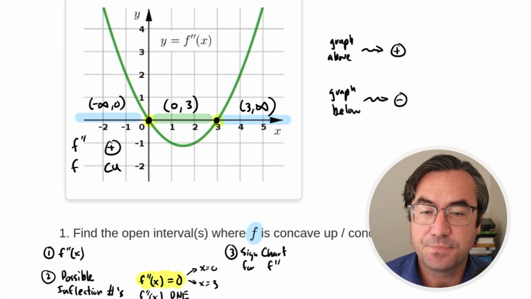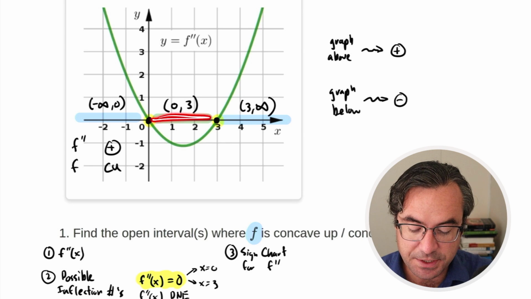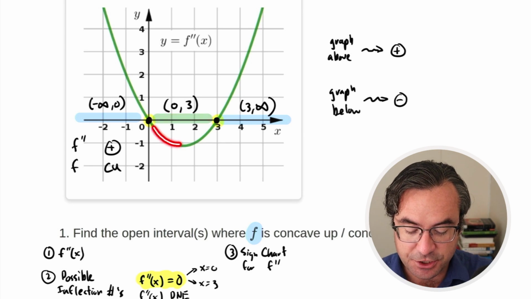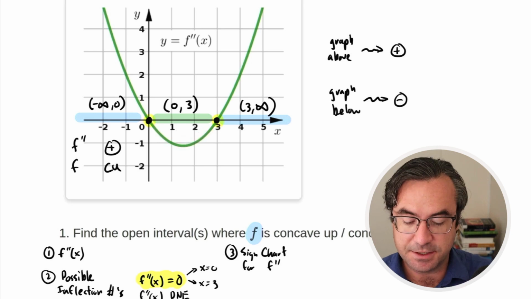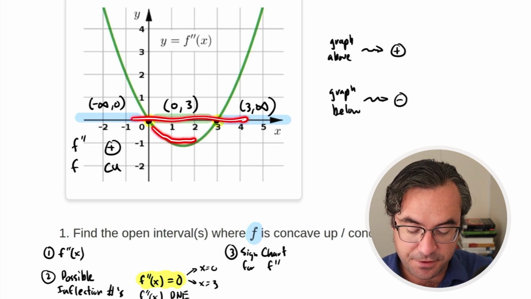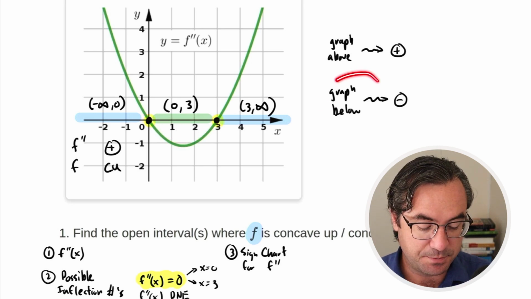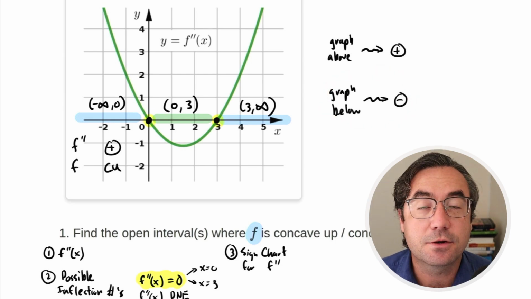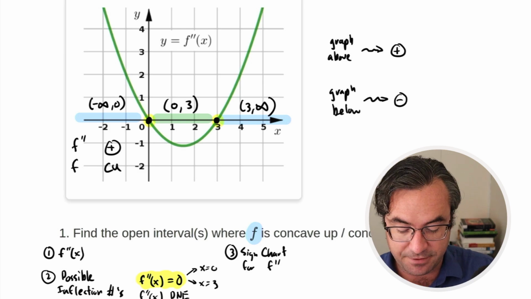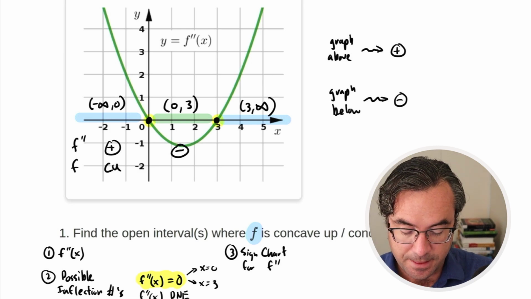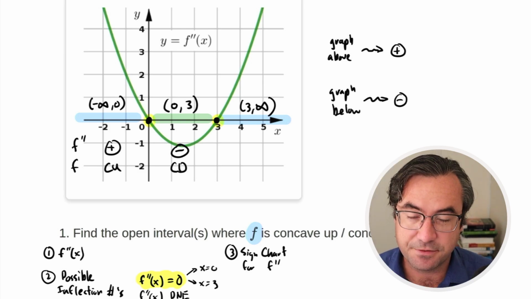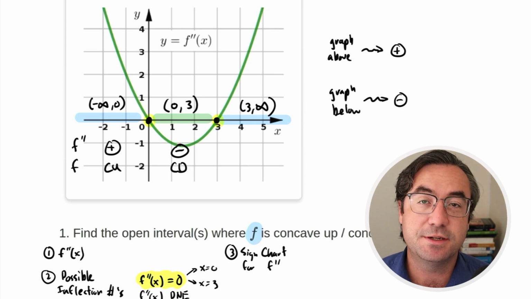Okay, let's go to the next one. In between 0 and 3, the section of our curve is literally underneath the x-axis. So it's below the x-axis, so our second derivative is negative. And when our second derivative is negative, that means our original function is concave down.